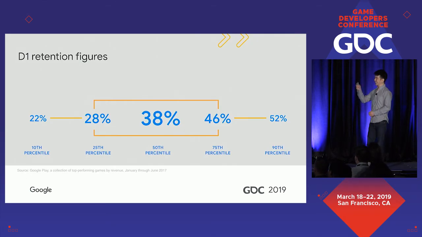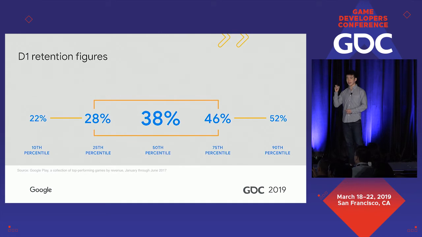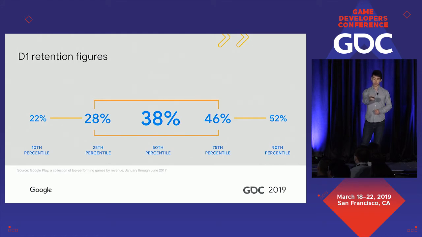Pretty good guess. So we actually worked with the Play team to pull data for the top games in the Play Store. And what we saw was that the median day one retention for the top games was 38%, right? Now, you said 55%. The reason why that's a good guess is if you've been following the hyper-casual craze, right, you know that most of the publishers for hyper-casual games require their games to have minimum 50% D1 retention.